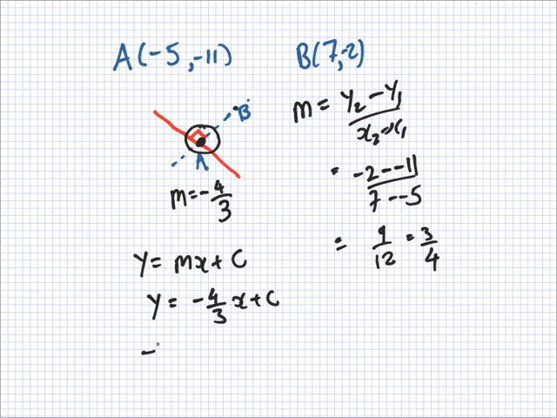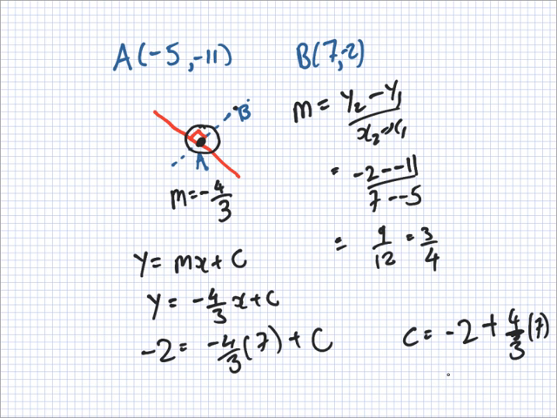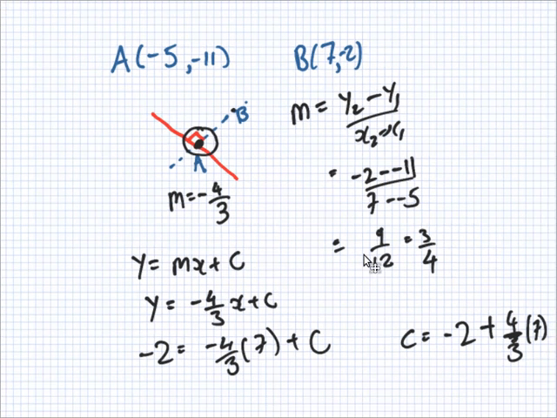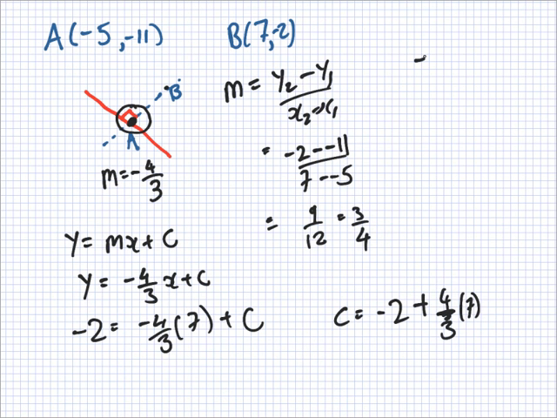So I get -2 equals -4 over 3 times -5 plus c. So c will equal -2 plus 4 over 3 times -5. Let's try this again, hang on. -2 minus 20 over 3, it's not 24, sorry, so that's -26 over 3?